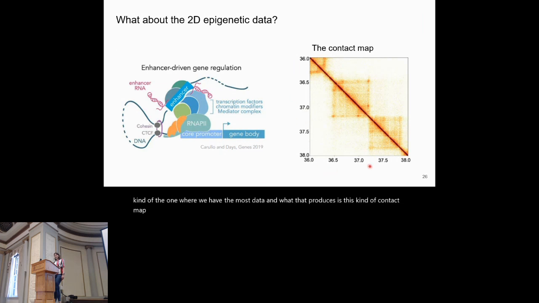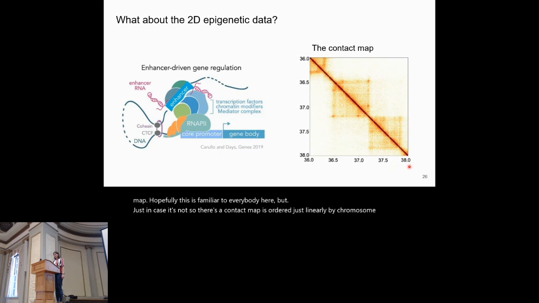Hopefully this is familiar to everybody here, but just in case it's not, a contact map is ordered linearly by chromosome position, and each IJ cell represents the frequency of contacts between those two positions. Naturally, anything on the diagonal is literally physically linked, so that is ligated very frequently. But once in a while, we see these really high ligation frequencies for regions that are not in physical linkage on the chromosome. That represents exactly this situation where they're actually contacting each other in 3D space.